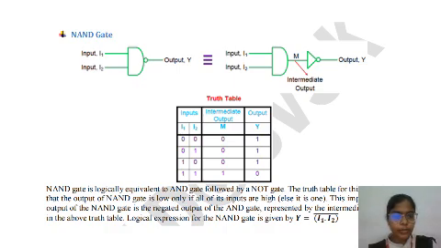The output of the NAND gate is the negated output of the AND gate, represented by the intermediate output M, as shown in the above truth table. The logical expression for the NAND gate is given by y = (I1 · I2) complement. This is the NAND gate.